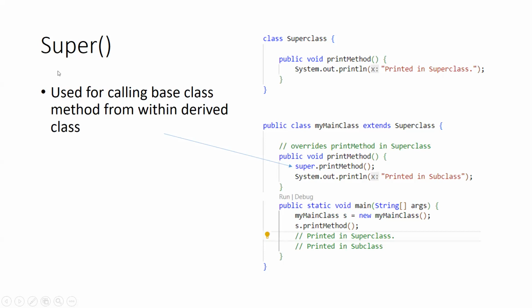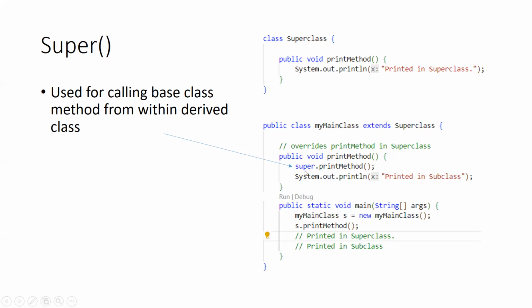There is this super keyword that helps in calling your base method within your derived class. For example, if you have a base class having some implementation of some method, and then you have a class that extends your base class and also has some implementation of the same method, within your child method you can call the print method of your base class using this super keyword.